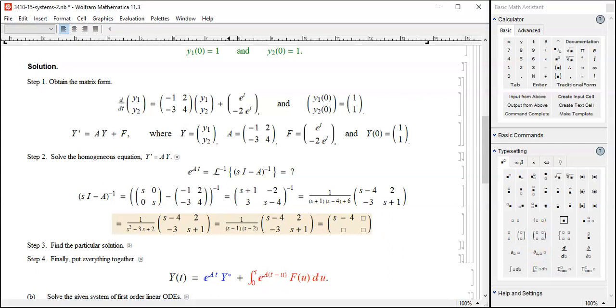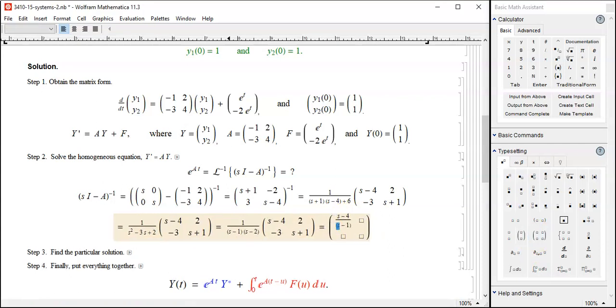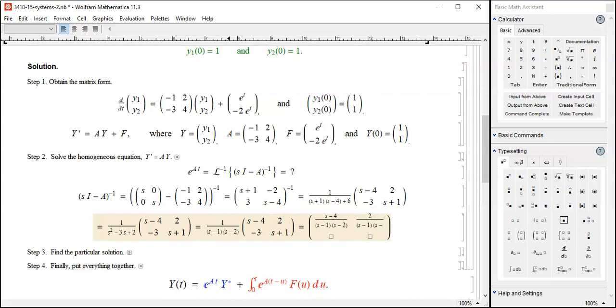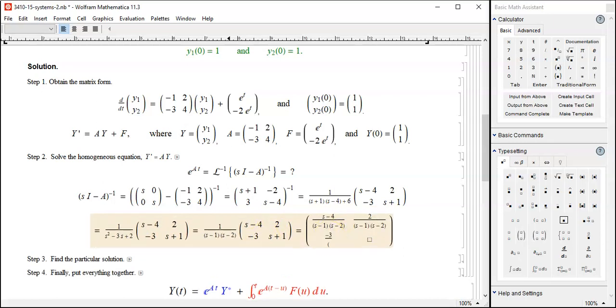Let's see, s minus 4 divided by s minus 1, s minus 2. 2 divided by s minus 1, s minus 2. And then negative 3 over s minus 1, s minus 2. And finally this s plus 1, and that thing divided by s minus 1, s minus 2.